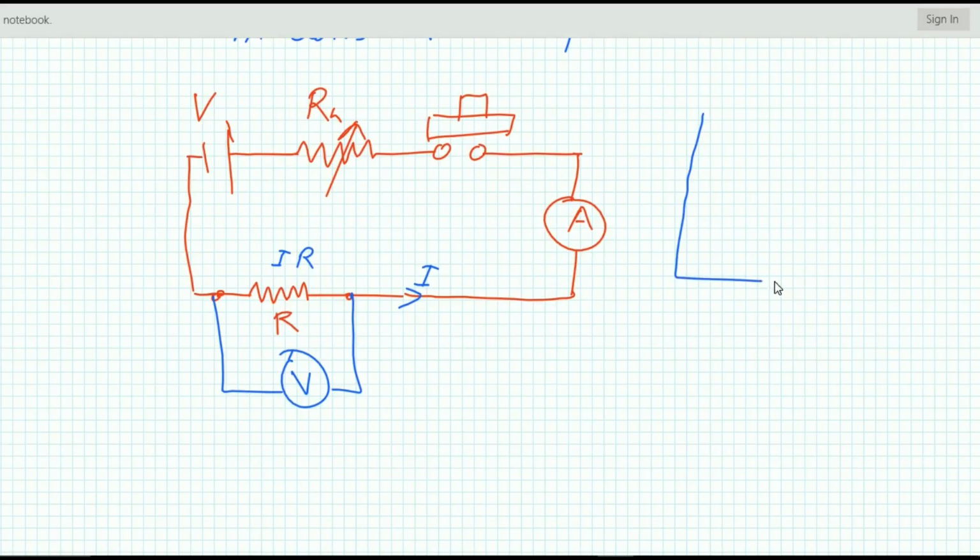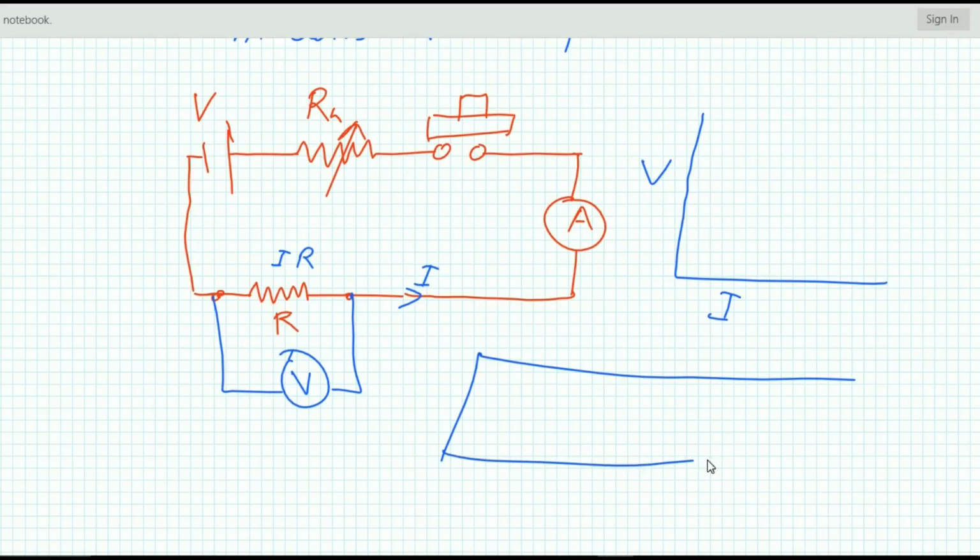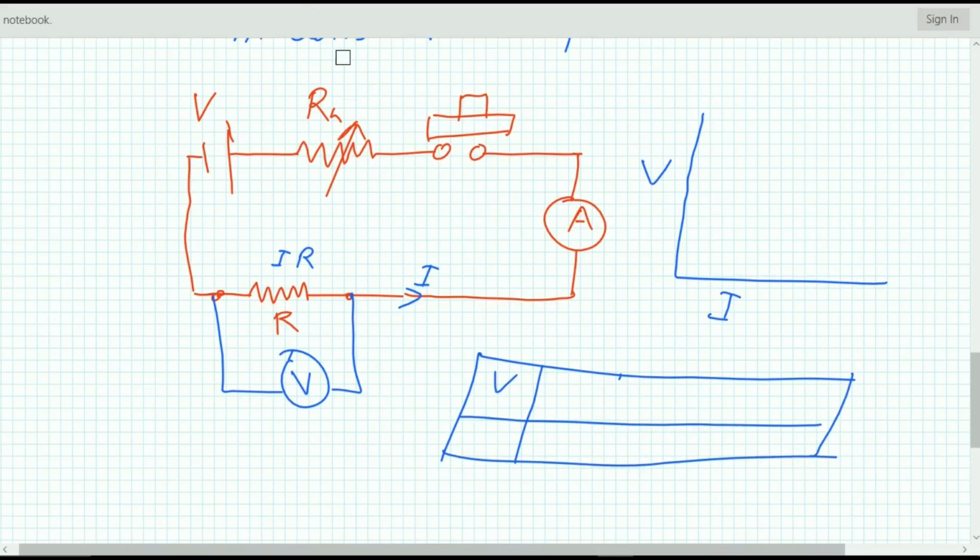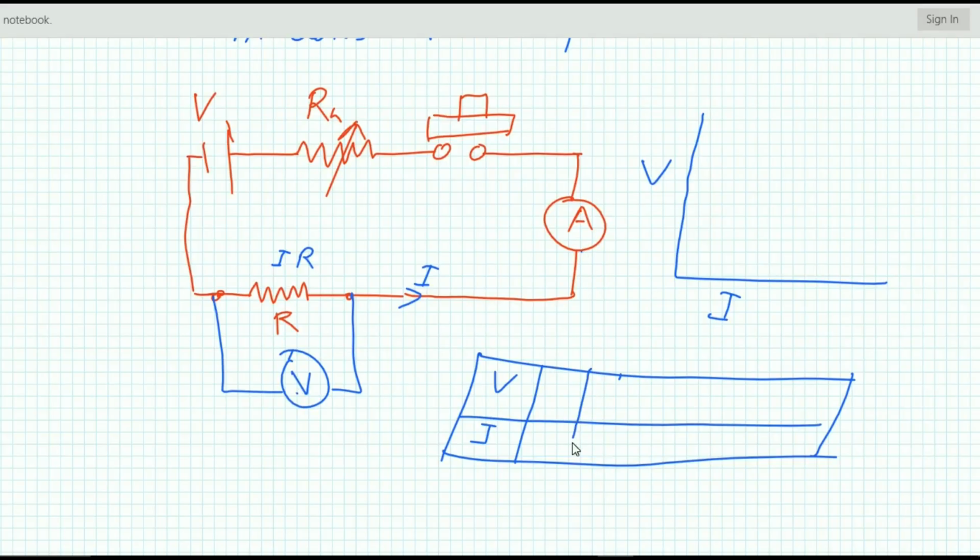Suppose this is the curve I want to plot, and I will make a table like this. V, I. We will keep the resistor value at one particular point, and we will take this voltmeter reading and this ammeter reading.